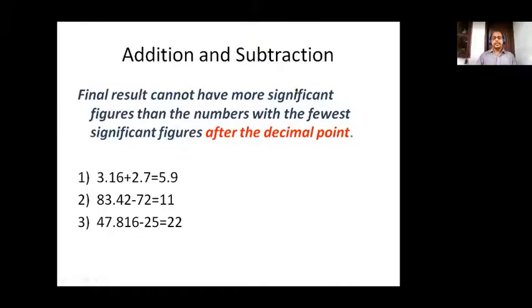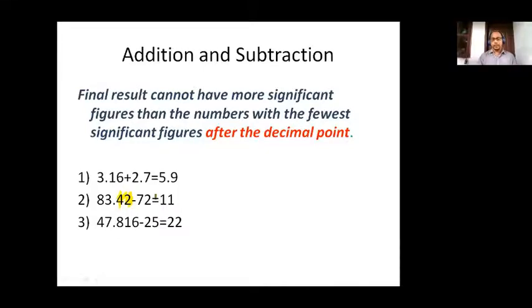In the second example, 83.42 minus 72, in the first there are 2 digits after the decimal, but in the second there are no digits after the decimal. So there cannot be any digits after the decimal in the answer. So the answer is 11.